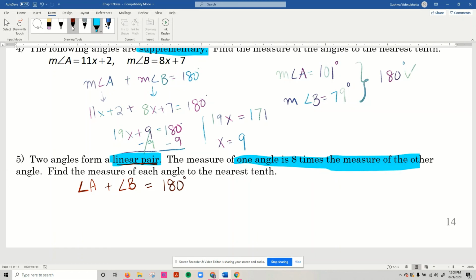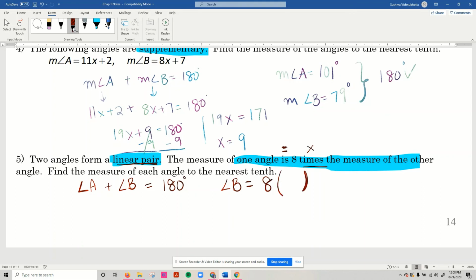Okay? Now it doesn't matter. So on the side here, you come up with the system of equations. So the measure of one angle, it doesn't matter which one you pick. Let's say I pick angle B. When you convert these words into symbols, is always equal to 8 times, I know times is multiplication, the measure of the other angle.